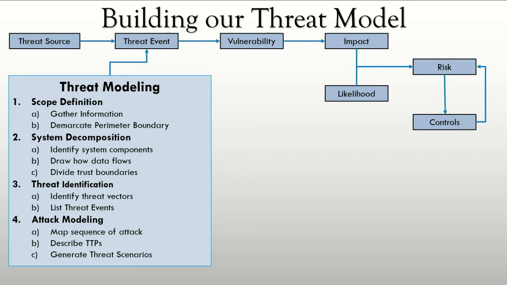And without proper threat modeling, we're not going to know to any degree of certainty that a stakeholder would feel confident about, or should feel confident about, if proper modeling isn't complete. And when I say proper modeling, I mean threat modeling to the granularity that is required to get to part 4 right there, attack modeling.